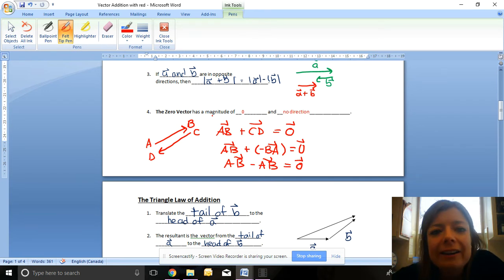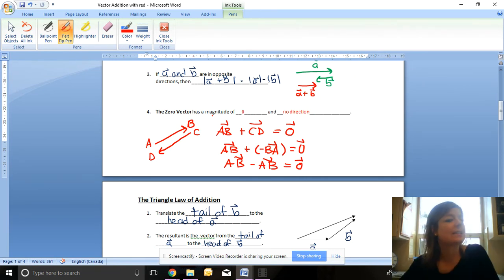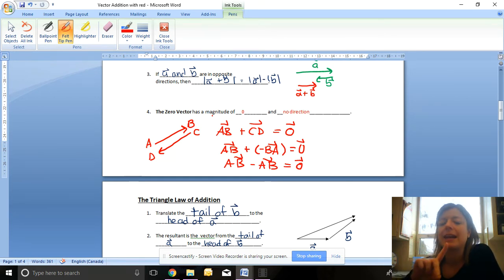It is very important that you don't say it has no magnitude. I hear that all the time. That's not true. It does have a magnitude of 0, which is different than having no magnitude. So make sure that that is understood. And then there is no direction for the zero vector.